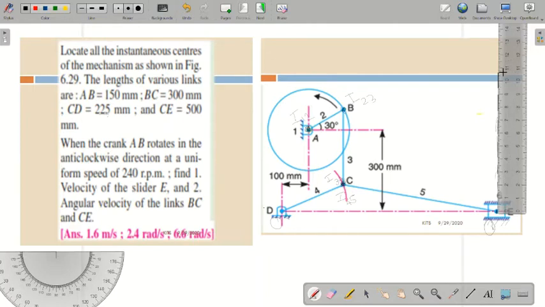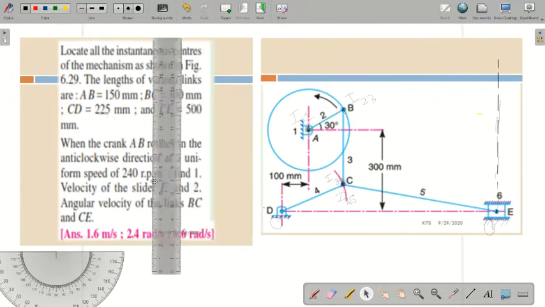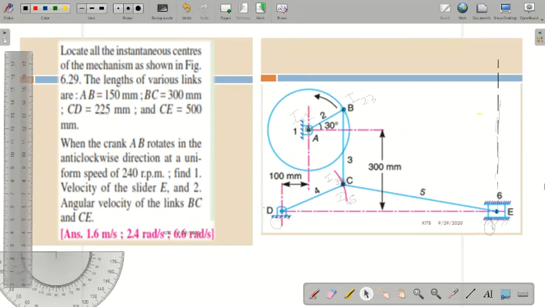Draw a vertical line like this. See, I have drawn a vertical datum line from this point.